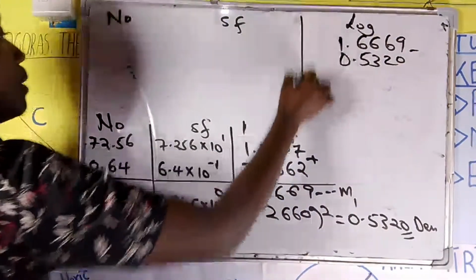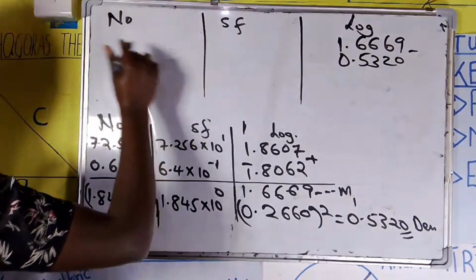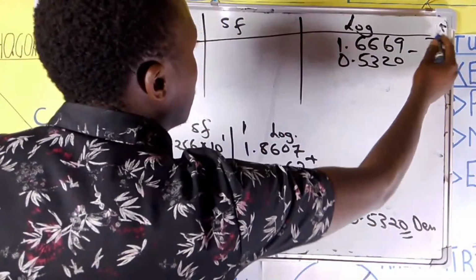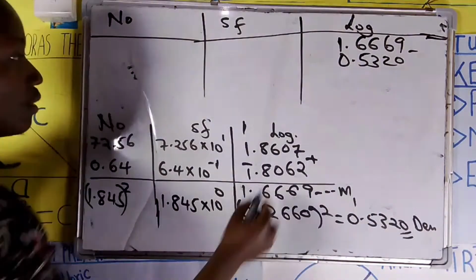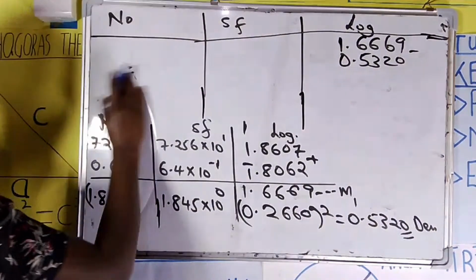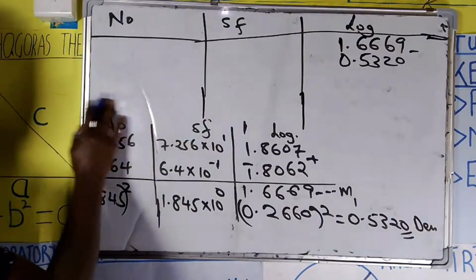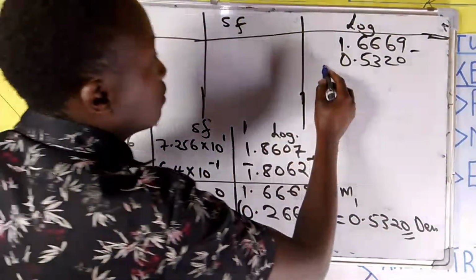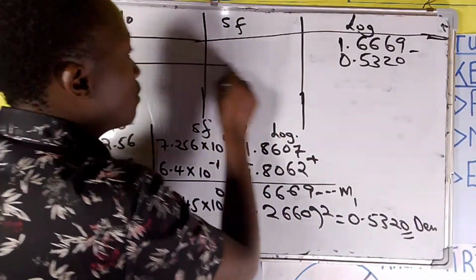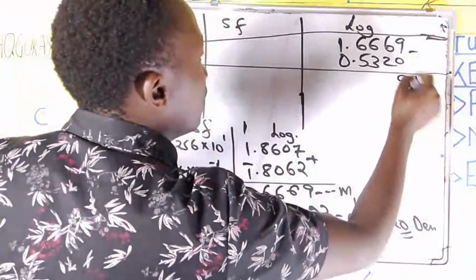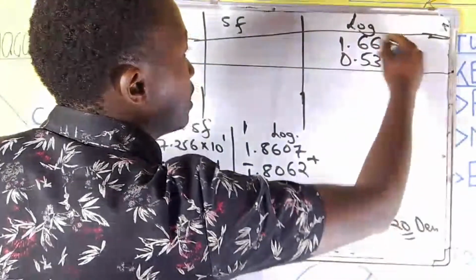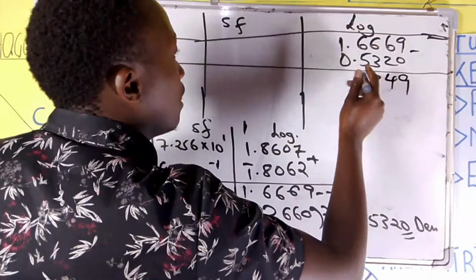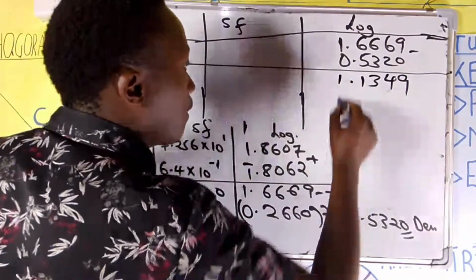We are going to subtract. Nine minus 0 is 9. 6 minus 2 is 4. 6 minus 3 is 3. 6 minus 5 is 1. Then 1 minus 0 is 1.